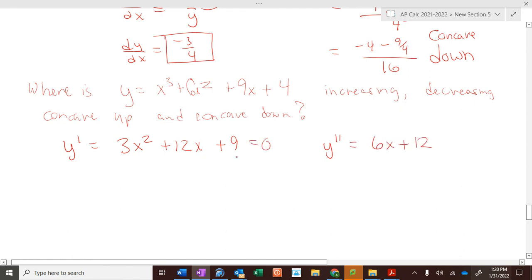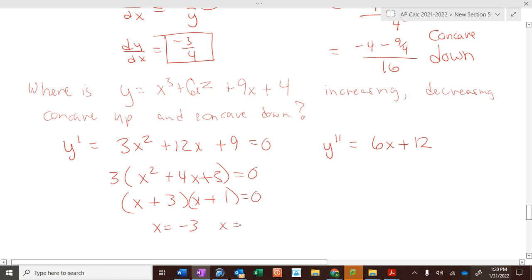Set the first derivative equal to 0. How do we solve it? Factor. Take out a 3: x squared plus 4x plus 3. The factors are 3 and 1, so x equals negative 3, x equals negative 1.